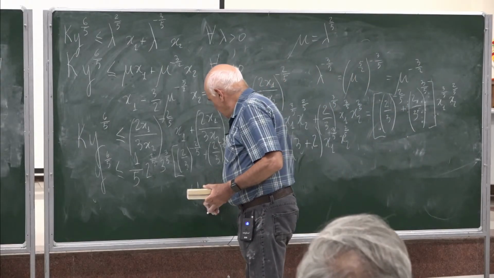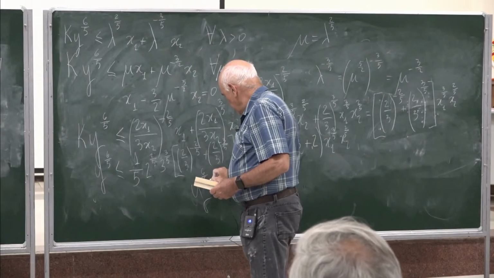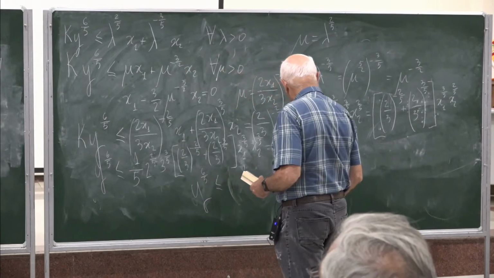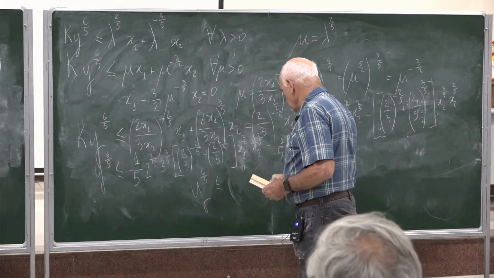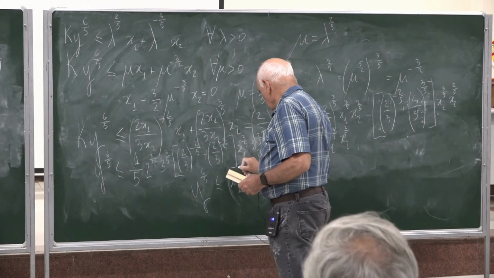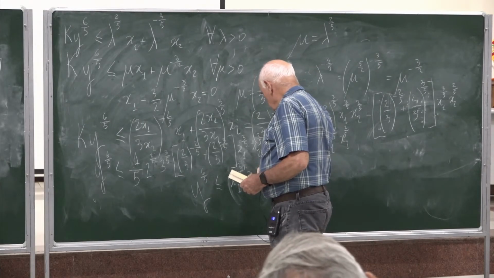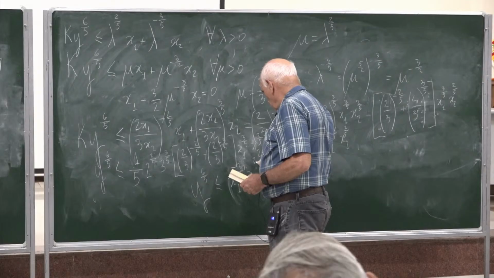So y to the power 6 over 5 should be less than or equal to x1 to the power 3/5 times x2 to the power 2/5.